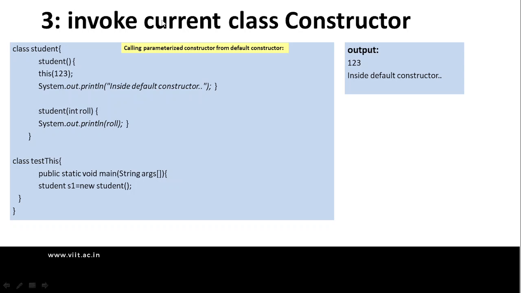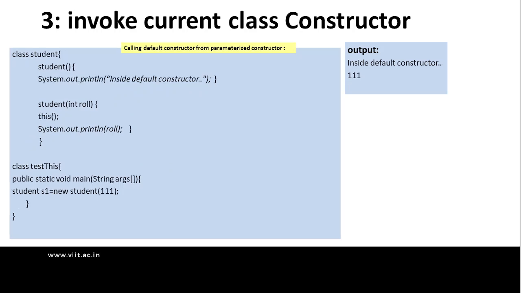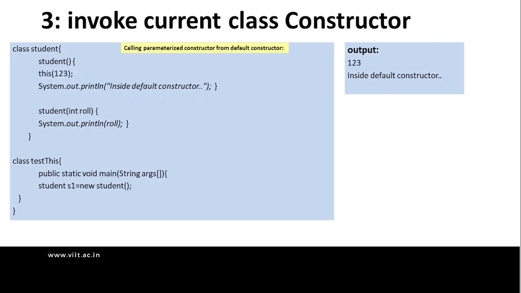Also you can call the current class constructor inside the same, by passing the parameter to this you can call any constructor. This will act as the name of the class, so in a default constructor you may call some different constructor by passing a value at the time of creating.